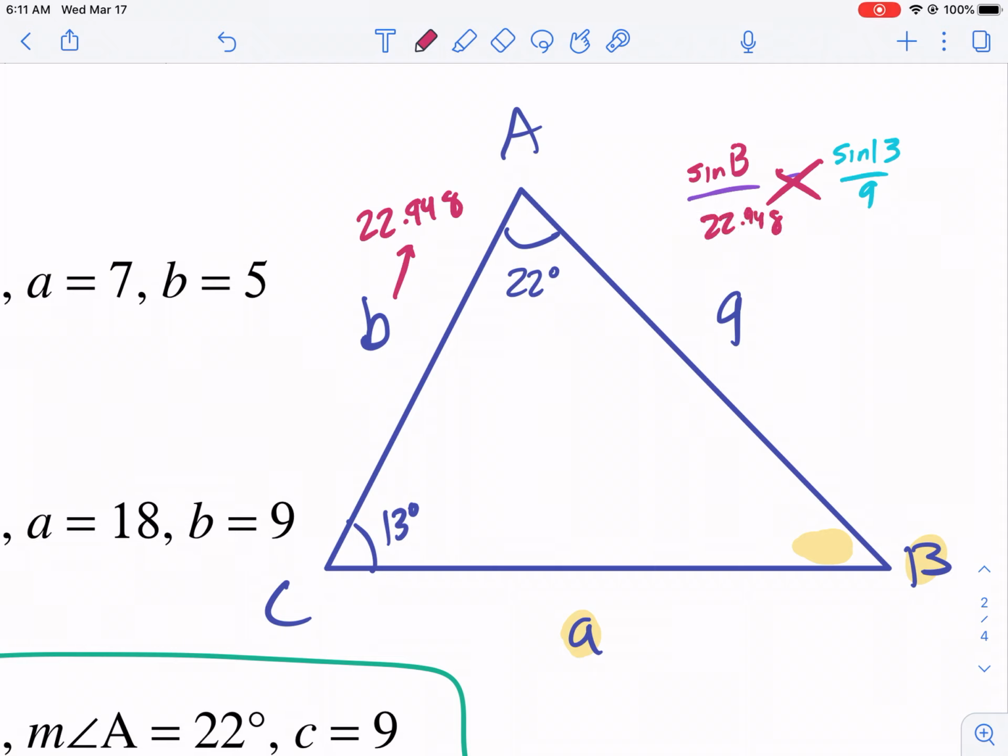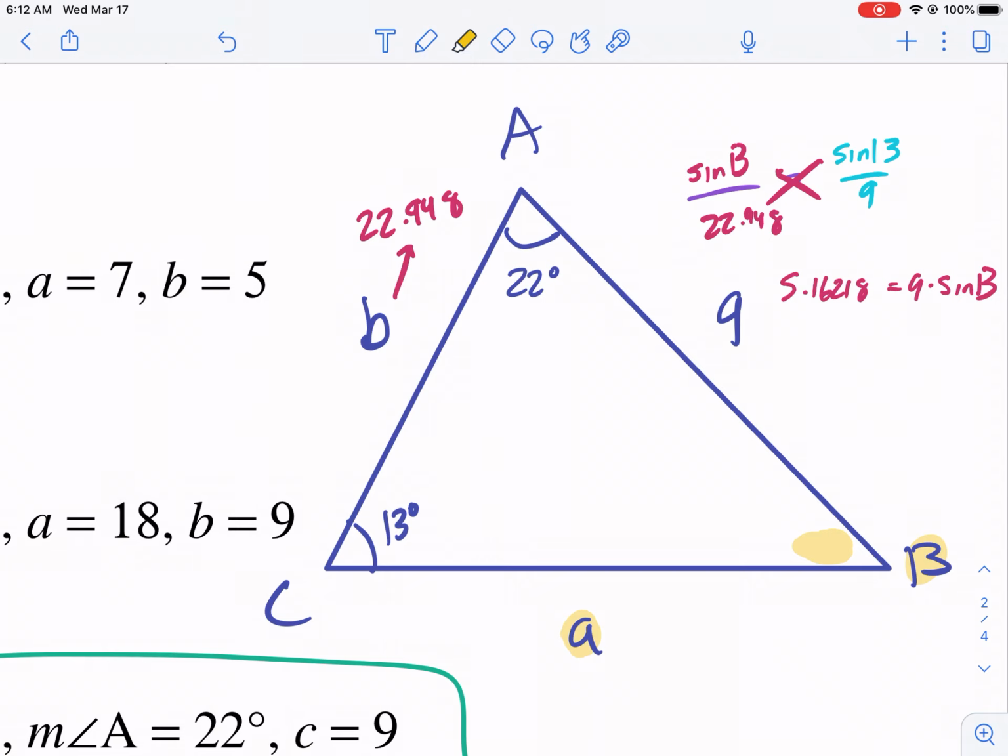We're going to cross multiply like before: sine 13 times 22.948. Now I'm going to type in the whole thing, which was about 7 digits. So I get 5.16218 equals 9 times sine of B.